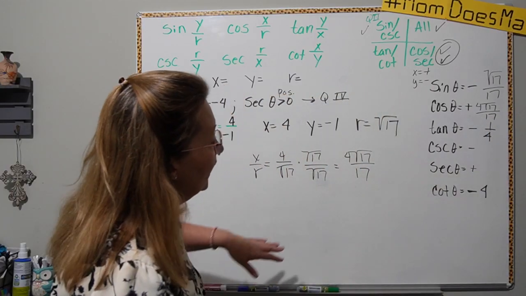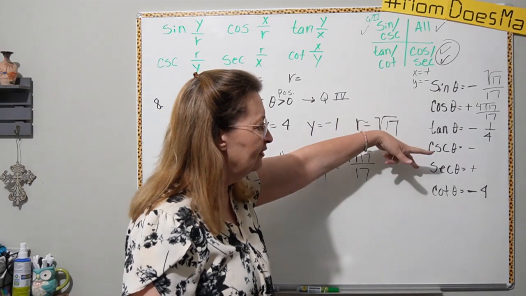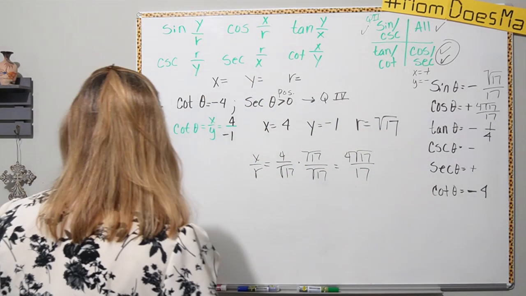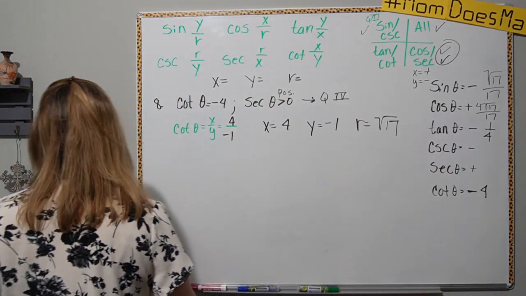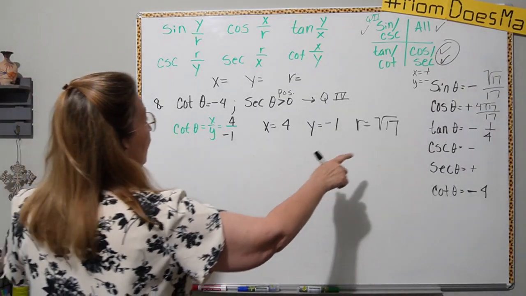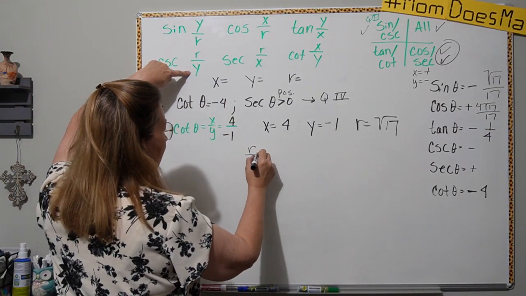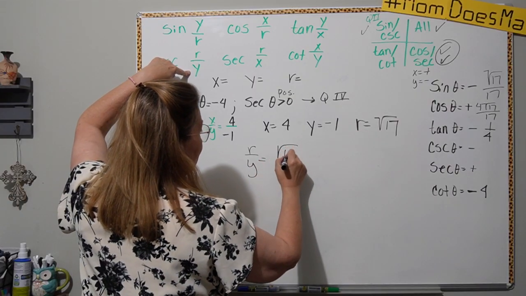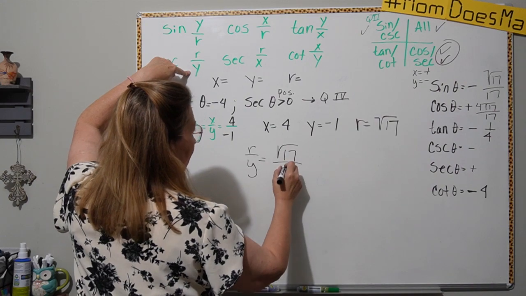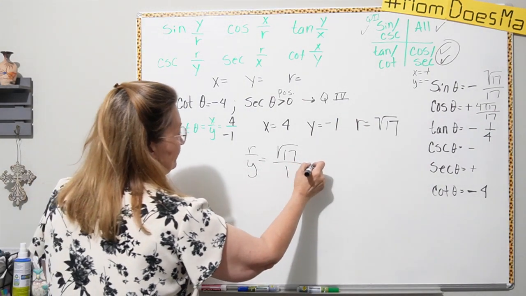Since I have radicals in my numerator, if I just try to flip them for these two reciprocals, it's going to have to be rationalized again. So I'm going to go back to my original. What is the definition for cosecant? Well, that's r over y this time. So when I put square root of 17 over 1, remember I've already got my sign, this way I don't have to rationalize it.